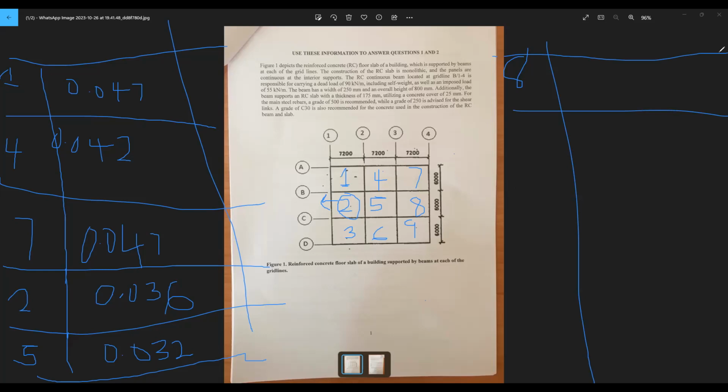So you look for one short edge discontinuous, and under that you look for positive moments at midspan. And the dimensions are the same, so it means that our ratio of Ly over Lx will be 1.2. You look for 1.2 and you see the value, there is a value there, 0.036.